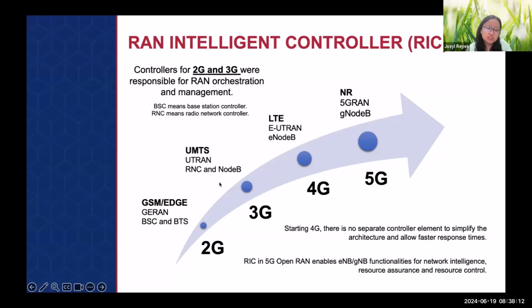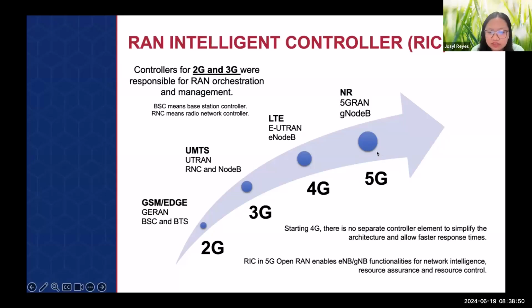Although in 4G, there's not really a separate controller component, there is the X2 interface, connecting the eNode B so that they can exchange information between nodes. The challenge back then was that the X2 interface was proprietary, meaning the vendor has their own version, so only the nodes coming from the same vendor can communicate.